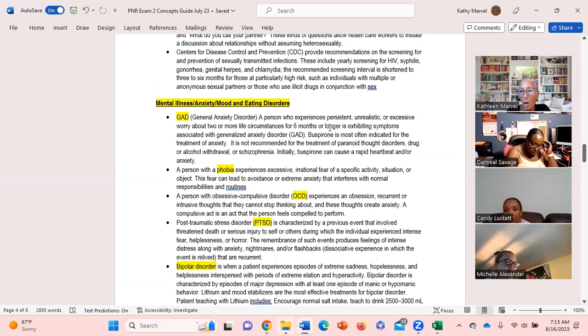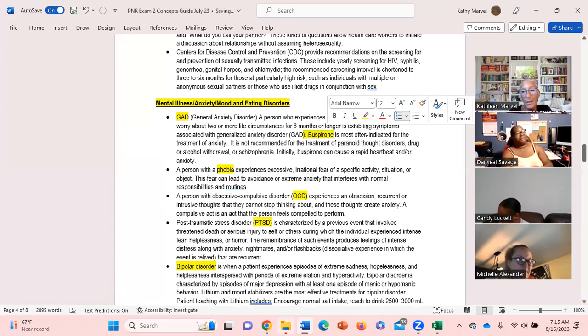That's a long term, right? That's how we classify a generalized disorder. One of the medications used to treat general anxiety disorder is buspirone. Remember that, it's common.